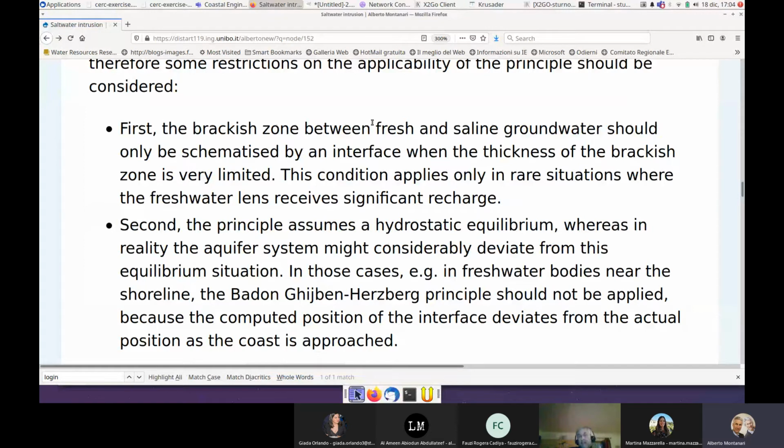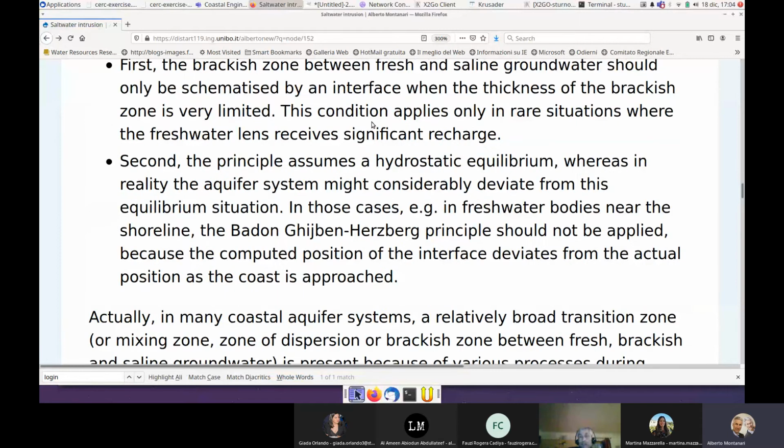Actually, there is a transition zone between saltwater and freshwater. Let's take it into account. Second, the principle assumes hydrostatic equilibrium, whereas in reality, the aquifer might considerably deviate from this equilibrium assumption. And therefore, if there are deviations, for instance because some wells are pumping more water at certain times, you have to take it into account.